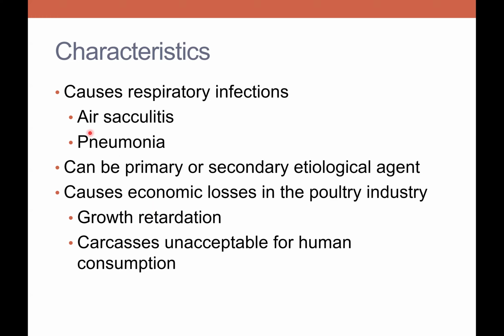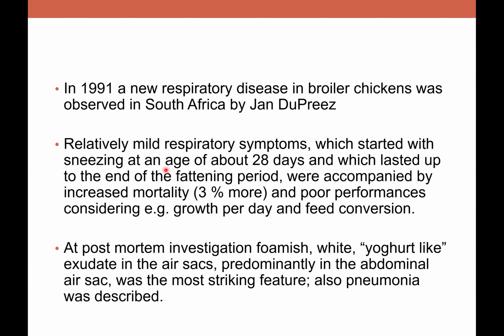So, the disease causes air saculitis and pneumonia. It can be a primary or secondary etiological agent, and they can cause growth retardation, and the carcasses are unacceptable for human consumption.